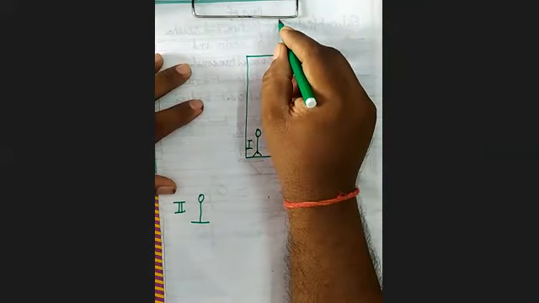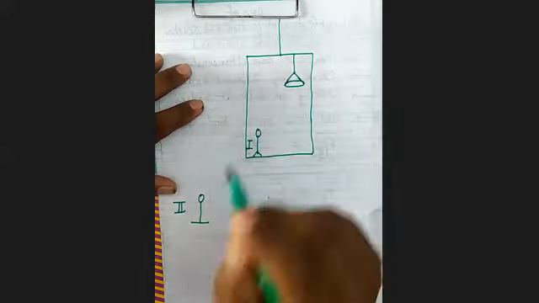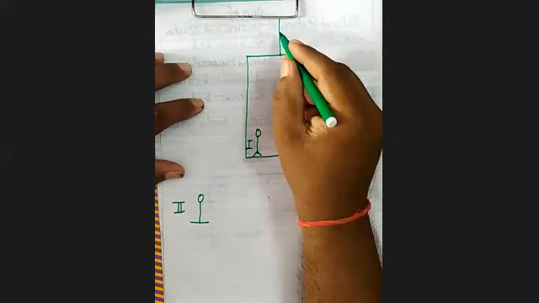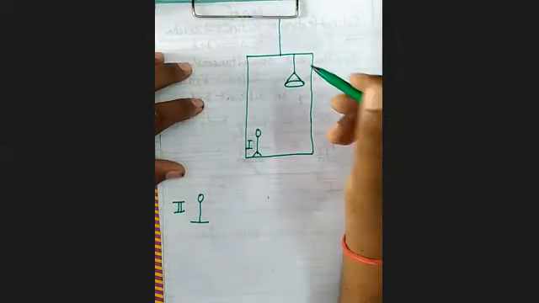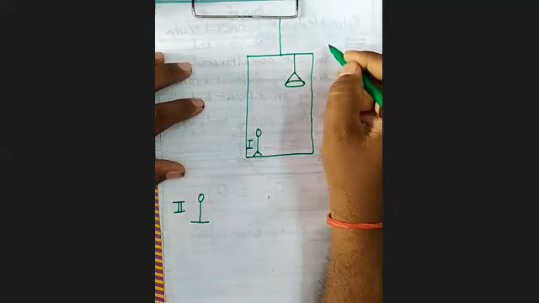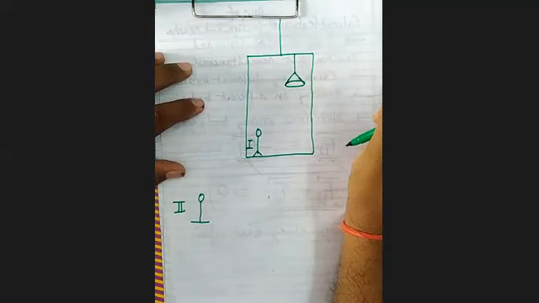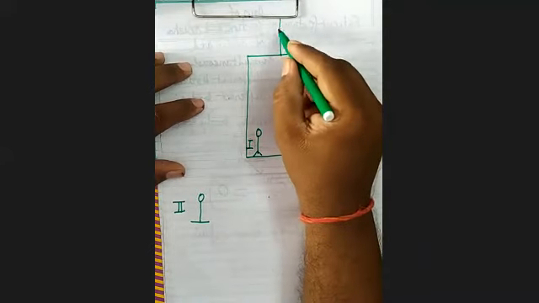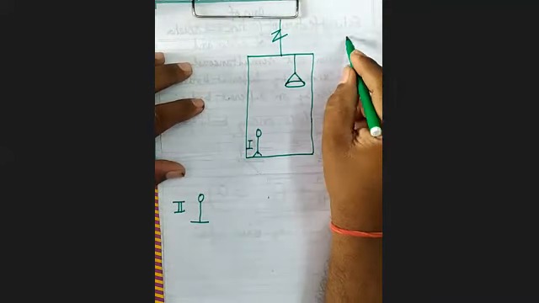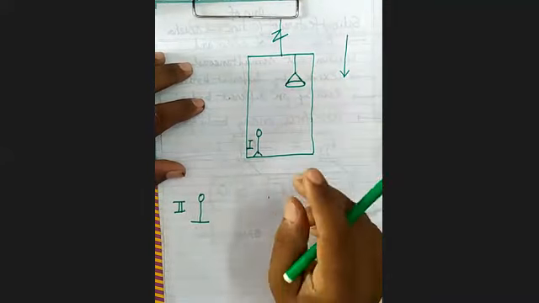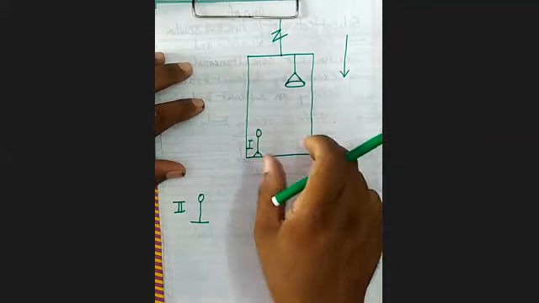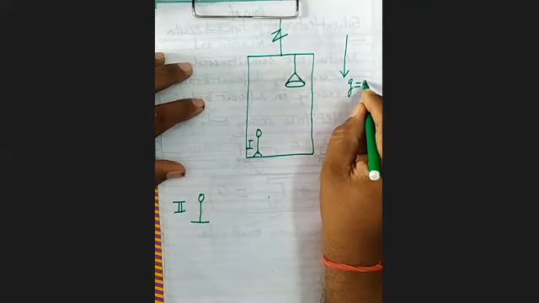Now see here. The elevator is supported by a string, and by that string it comes down. Suppose this string breaks, then what will happen? It will fall with acceleration due to gravity.